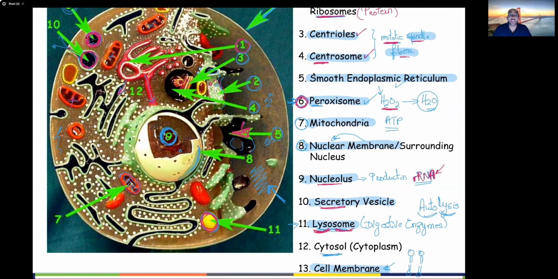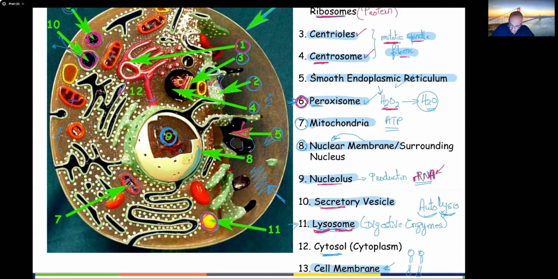This vesicle contains digestive enzymes, and the digestive enzymes are going to be required for your immune cells to break down bacterial cells. It's going to be breaking down non-functional organelles. It's going to be actually, in some cases, breaking down itself. So in some cases, a cell might decide to destroy itself because it's non-functional.